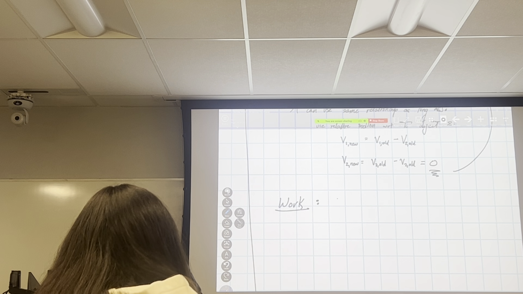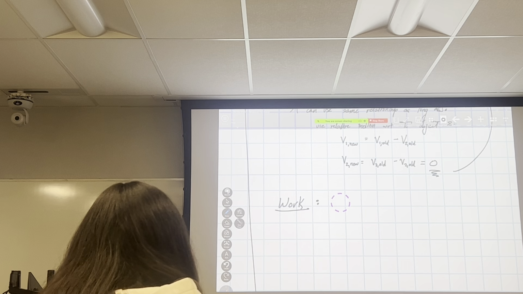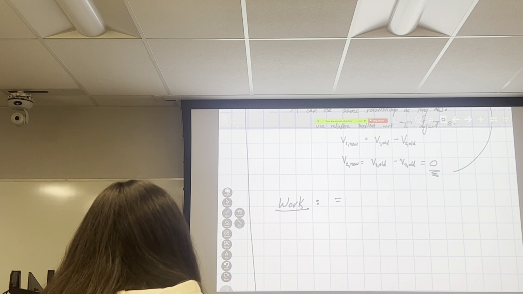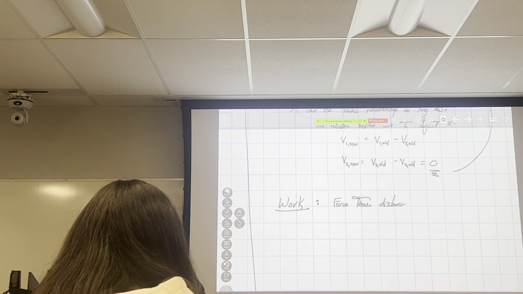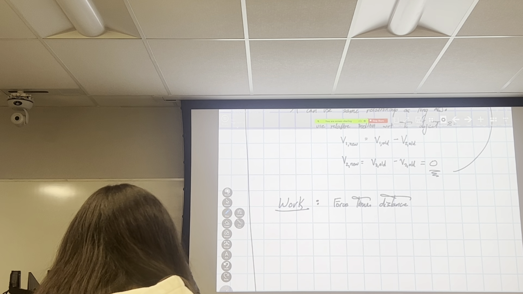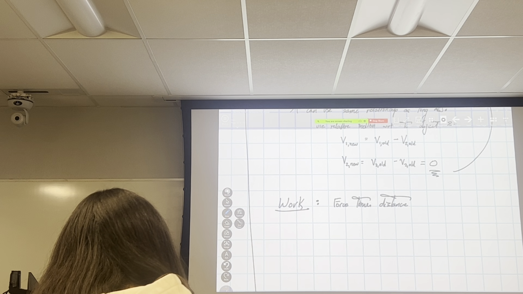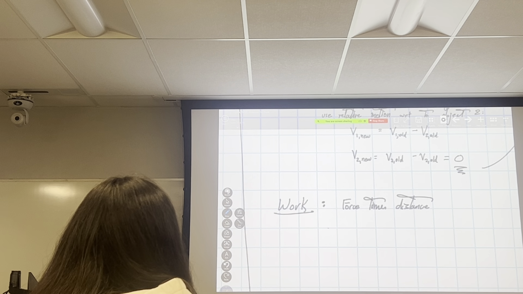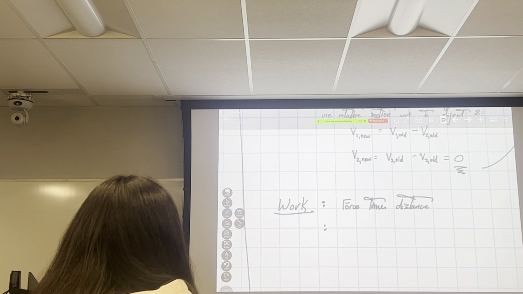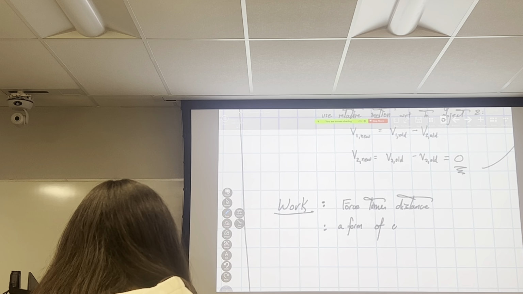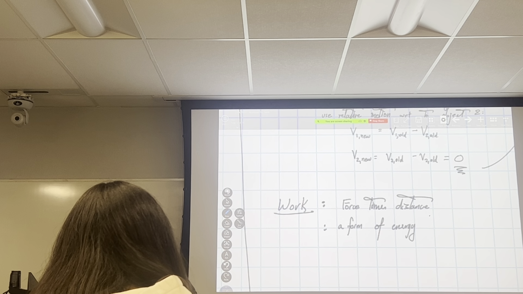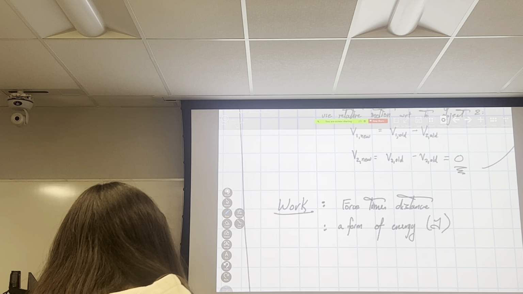Work in a loose sense is just, we'll just call it force times distance. Work is also a form of energy, meaning it has units of joules.